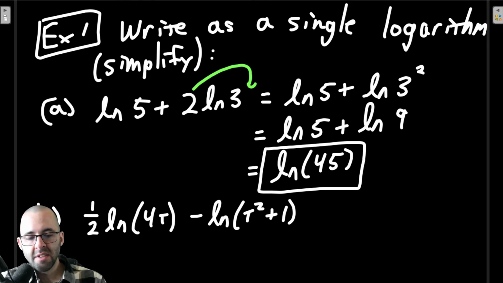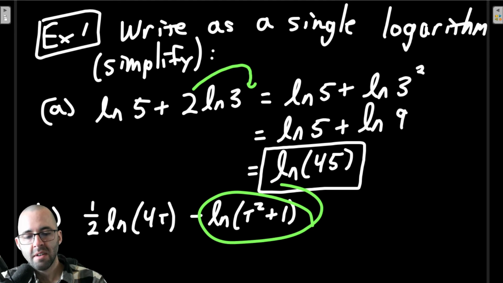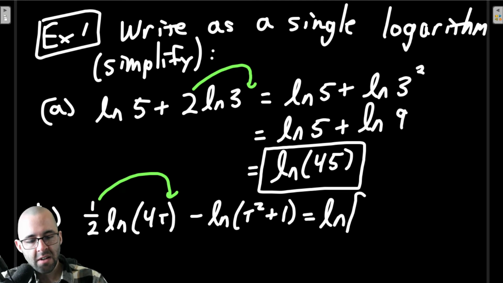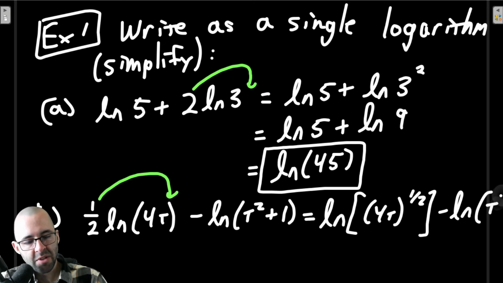And then this thing is already in the right form. It has no funny business. It's got a bit of a mess on the inside, but that's not a big deal. Let's deal with that 1/2. That 1/2, according to our property, goes to an exponent. This becomes the natural log of 4t to the 1/2 power minus the natural log of t squared plus 1.